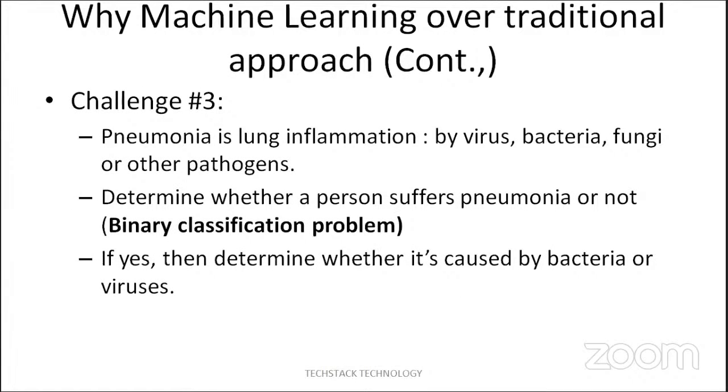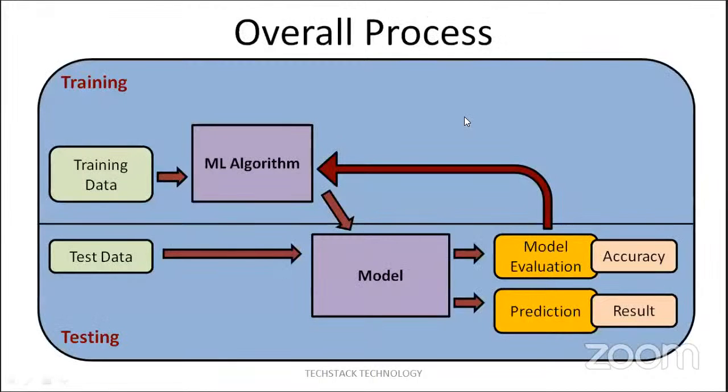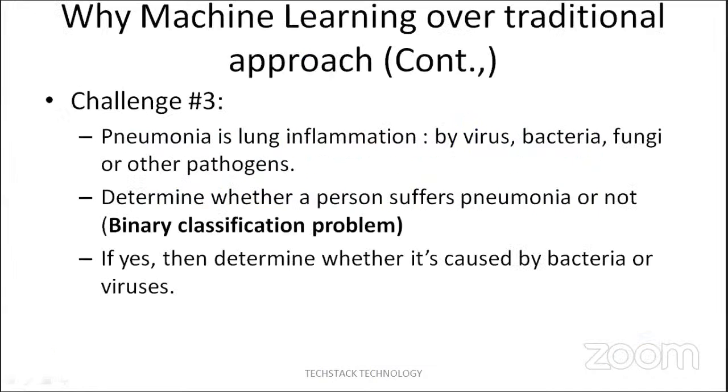Let us take a little bit of a deep dive into a healthcare process. One of the challenges is pneumonia detection. How the lung will be infected, those things need to be analyzed properly. Sometimes the lung may be infected by a virus, or by bacteria, or by fungi or any other pathogens.